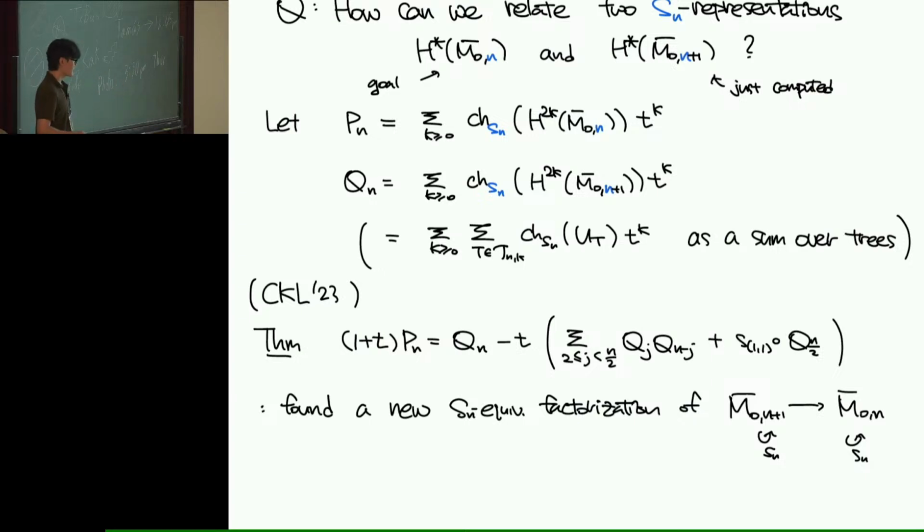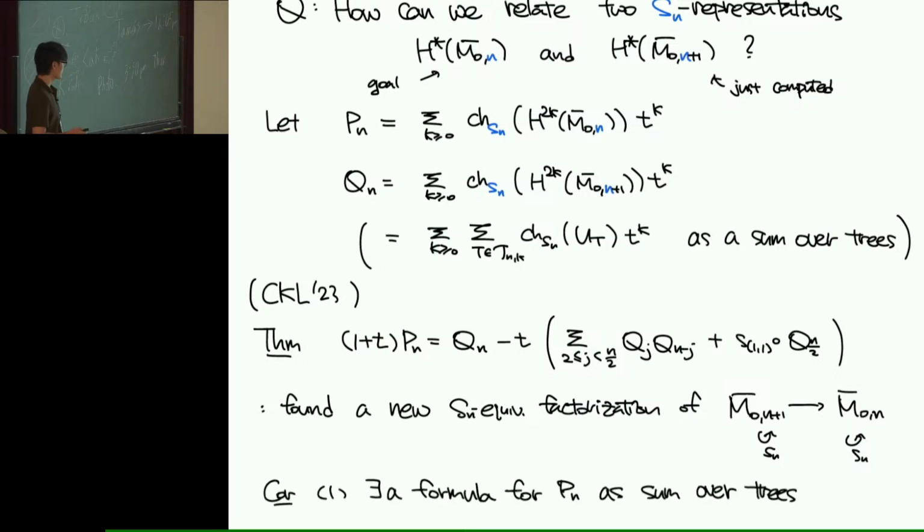So there's an Sn action on both, and the map is Sn equivariant. But we didn't really know a good factorization of this map. We found one, and applying some geometric theories to this factorization, we get this formula.